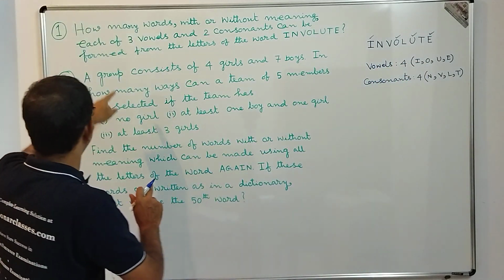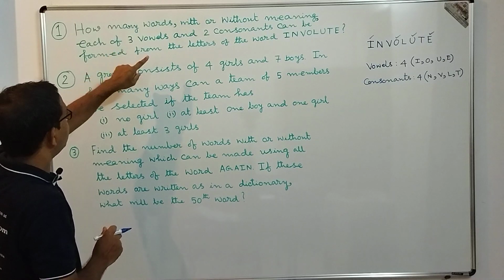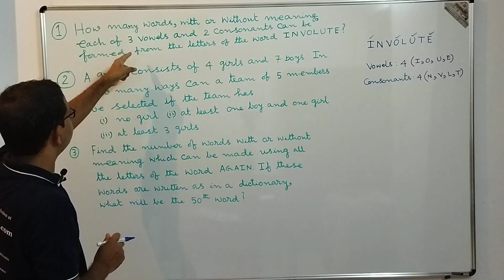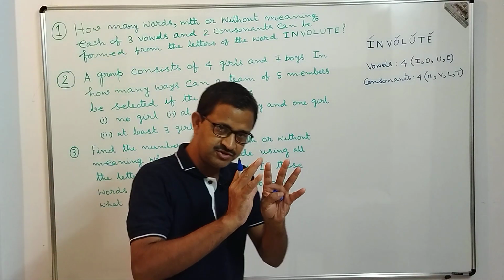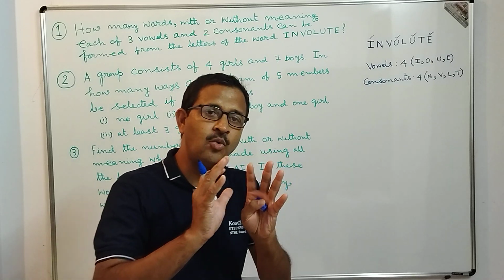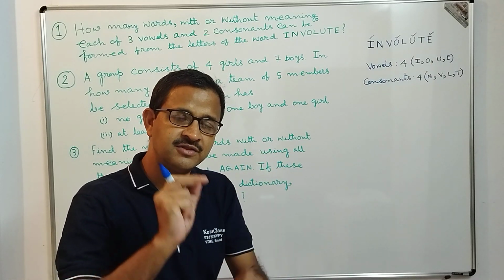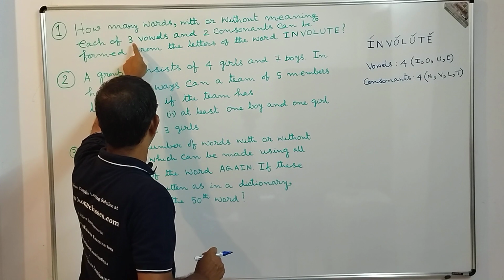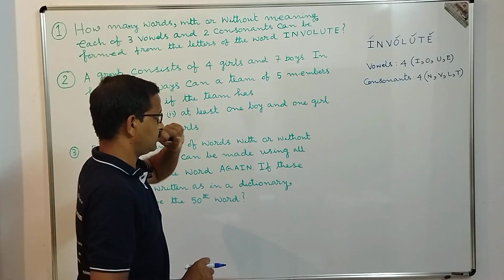Now the question is: how many words, with or without meaning, each of three vowels and two consonants. That means the words will contain 5 letters. Out of that, 3 will be vowels and 2 will be consonants.